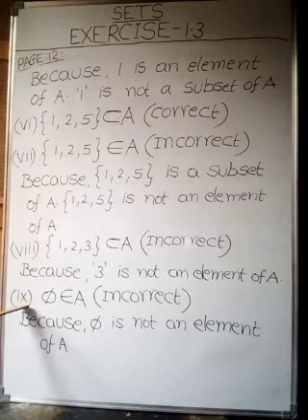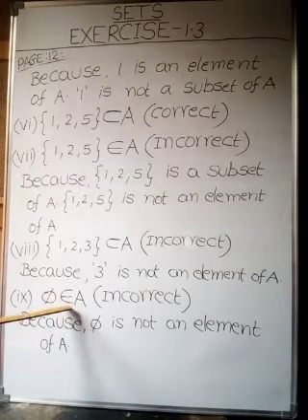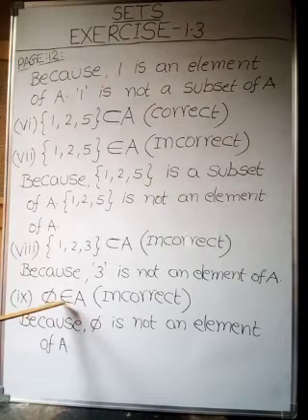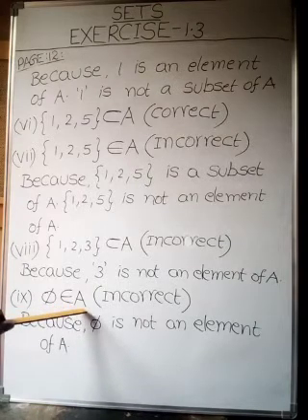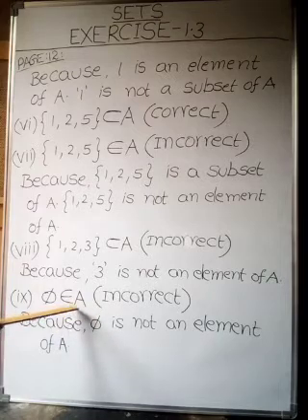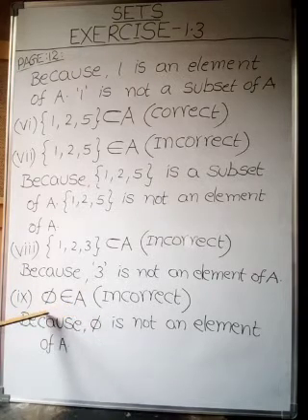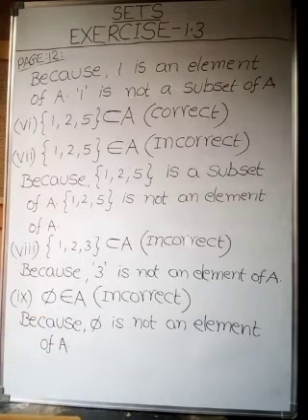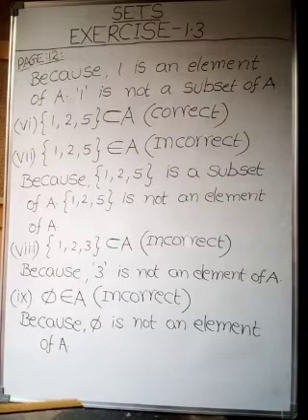Right. Now come to the next statement. 5 is an element. We can read it as is an element or sometimes belongs to. Both denote the same. 5 is an element of A. Is this an element of A? No, it is not. 5 is not an element of A. It is only a subset of A, because empty set is a subset of every set.